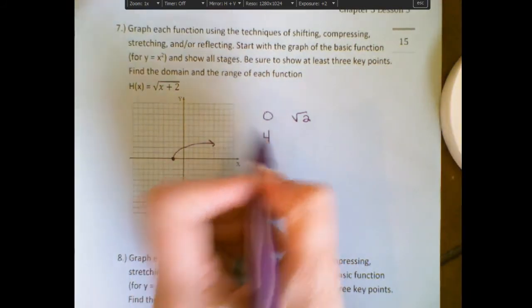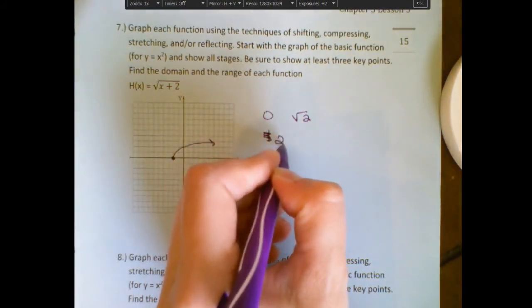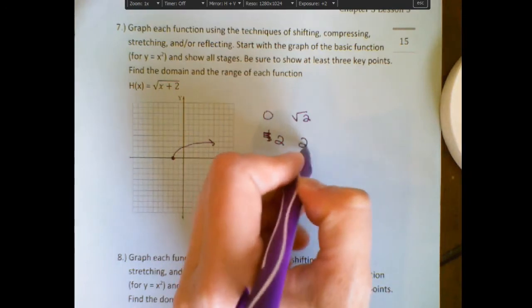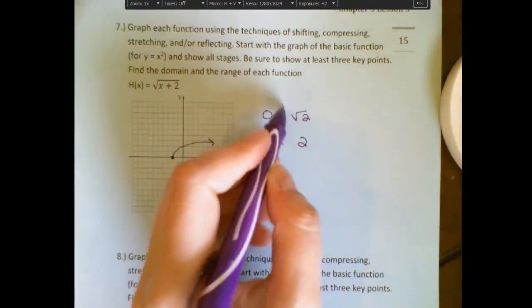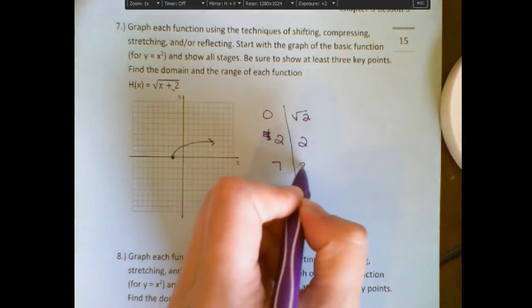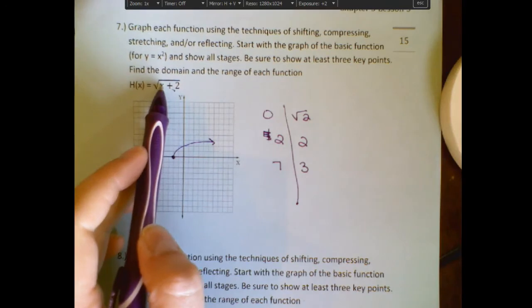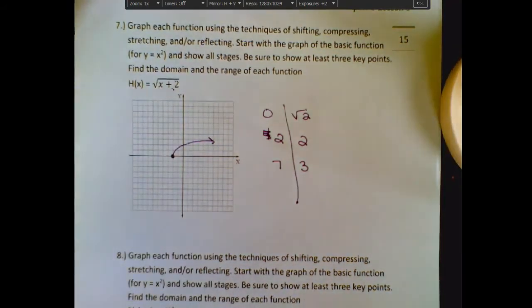So if I put in 2 for x, I'm going to end up with 4, so 2. Another perfect square root would be 9. So if I want to get 9 here, if I put in 7, then I would get 3, right? 7 plus 2 is 9. Square root of 9 is 3. So that's how I would do those 3 key points.